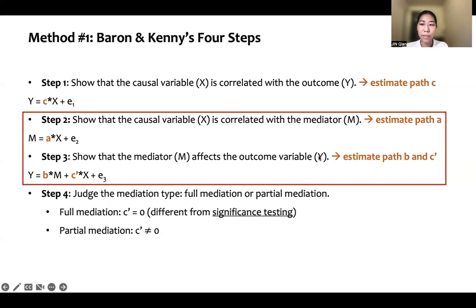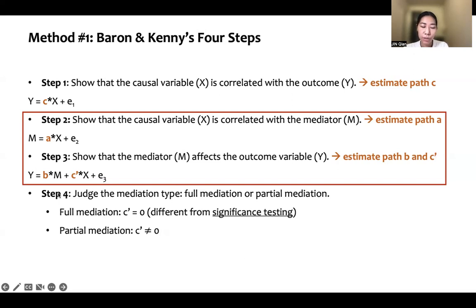It is to estimate path A by using this formula. The next step is to show that there is a relationship between the mediator and the DV, the outcome variable. This is to estimate path B and the direct effect C prime.